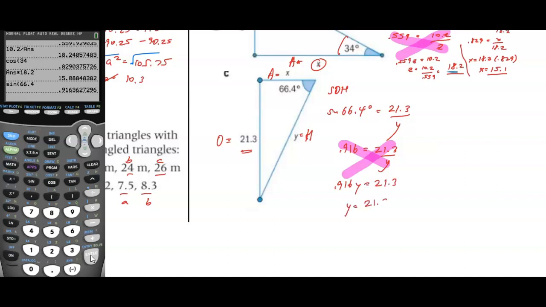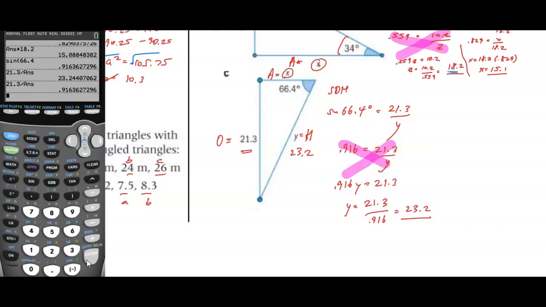So y is equal to 21.3 divided by 0.916, which is 23.2. That's y, which is our hypotenuse.